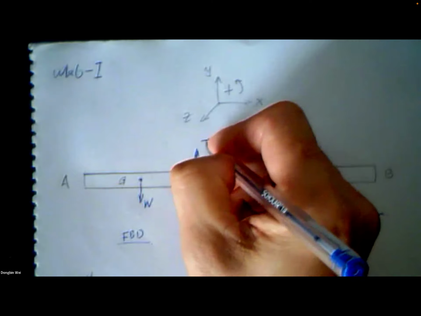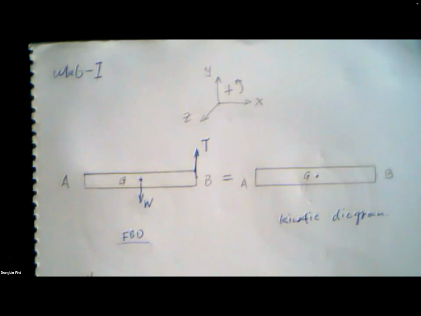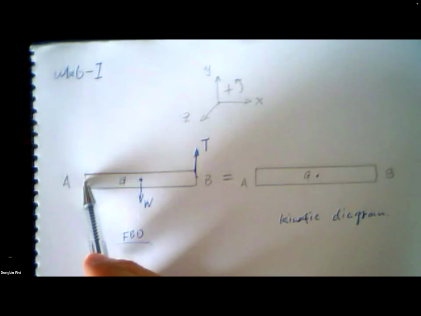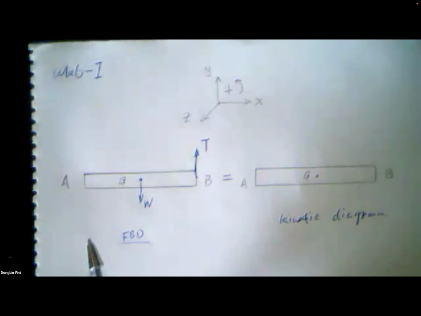So this will be T. No other external forces at this instant. For point A, because at this instant the cord CA is already cut, there is no tension force at point A.